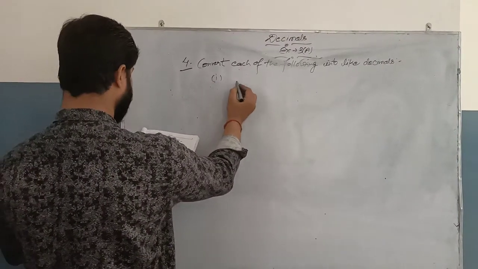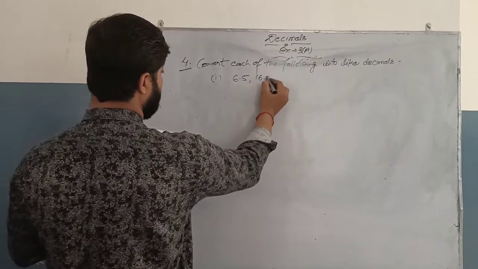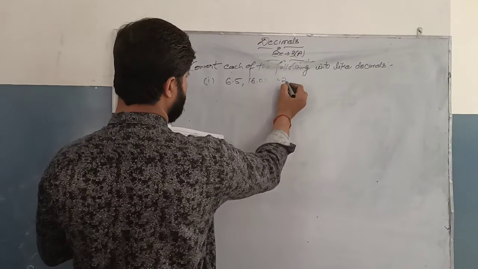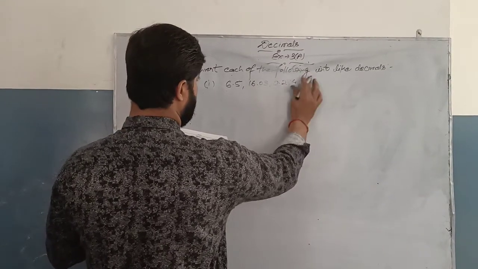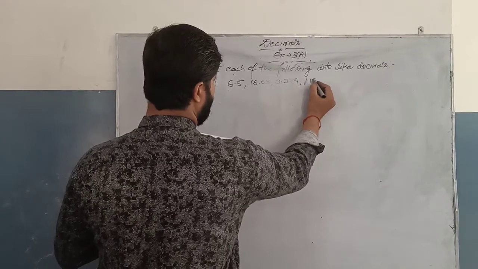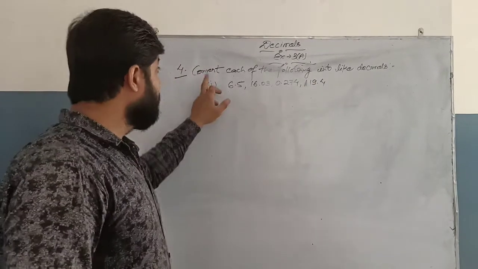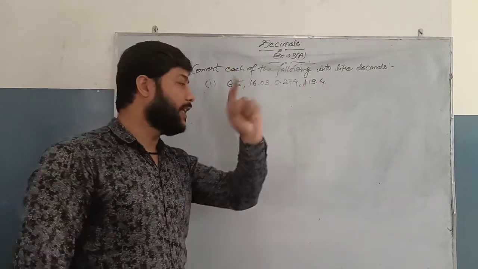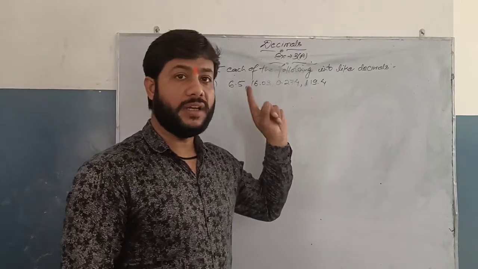Question number 1: 6.5, 16.03, 0.274 and 119.4. To convert them into like decimals, we have to keep in mind that they must have the same number of decimal places.